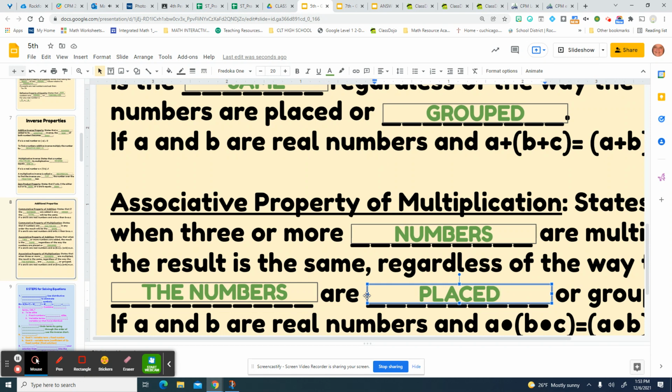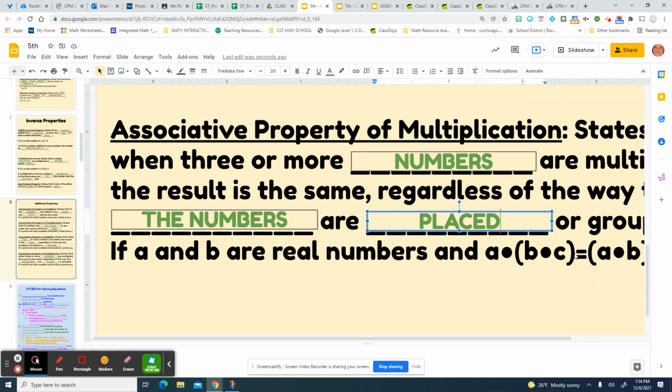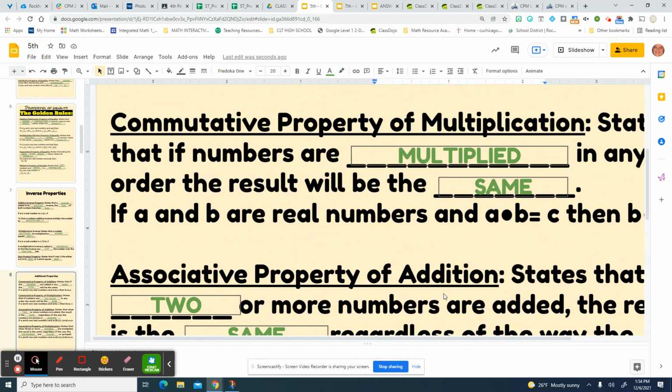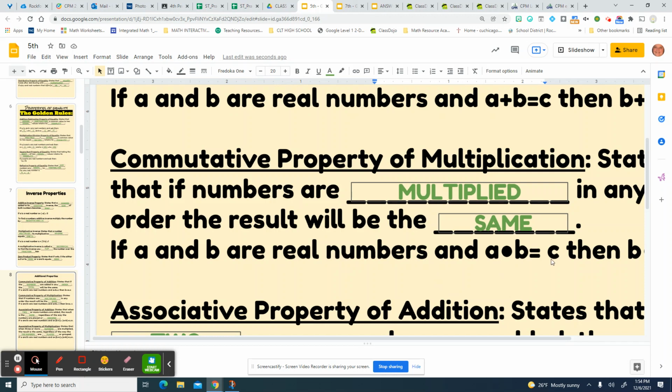In associative, your terms are going to stay in the same order. What's going to move are your grouping symbols. So if you look here, A, B, C, A, B, C. The order of those terms didn't change, but what was placed inside or outside of the parentheses did. Versus when we did commutative, the actual order changed. So A times B versus B times A. Okay, that's how you tell the difference.